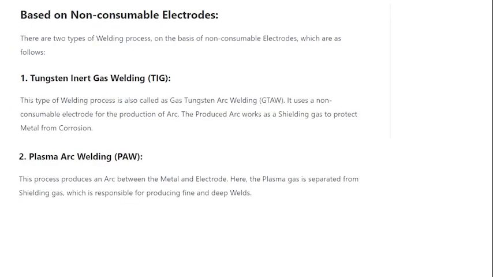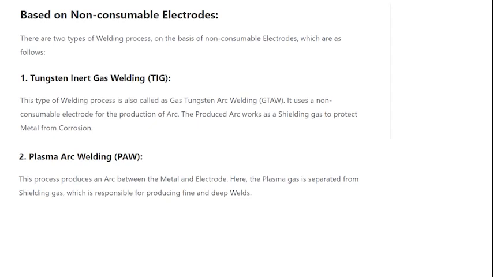Now let's move on to those based on non-consumable electrodes. There are two types: tungsten inert gas welding and plasma arc welding. In tungsten inert gas welding, as the name says, we use a tungsten electrode. In plasma arc welding, with the help of a ceramic nozzle, we provide high velocity plasma at high temperature.